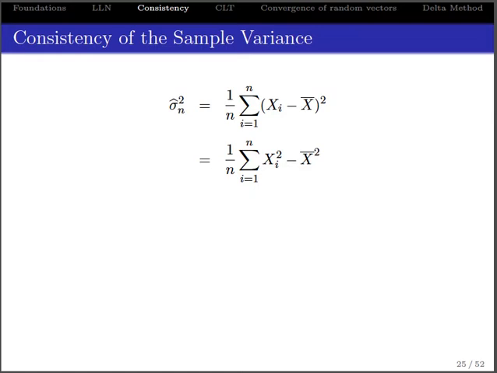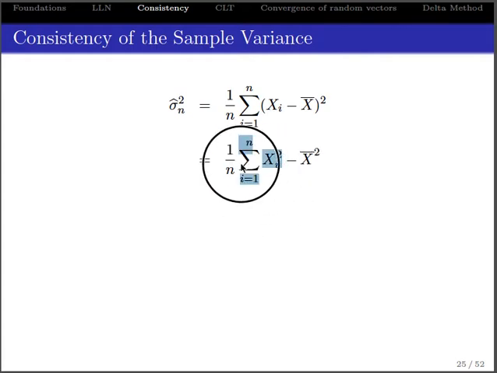So expanding the square and distributing the summation sign, this quantity is 1 over n times the sum of the xi squared, minus x bar squared. Look at that. That's just the average of a bunch of g of xi's.